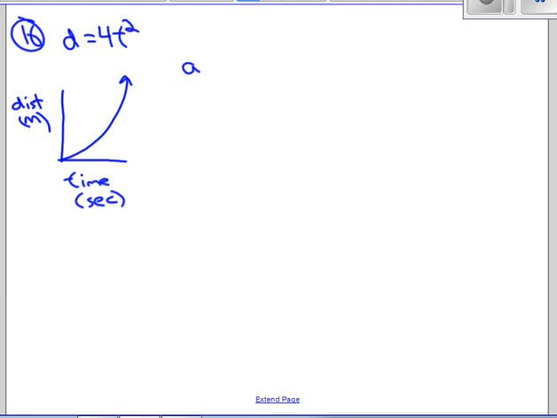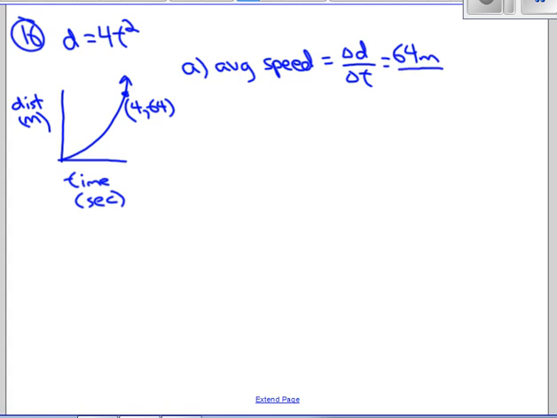There are two ways that you can approach A. So average speed is change in distance over change in time. Okay. When we get to 4 seconds, that'll be 4 times 4 squared, we'll be at 64 meters. So the change in distance will be 64 meters, and the change in time will be 4 seconds, or 16 meters per second.